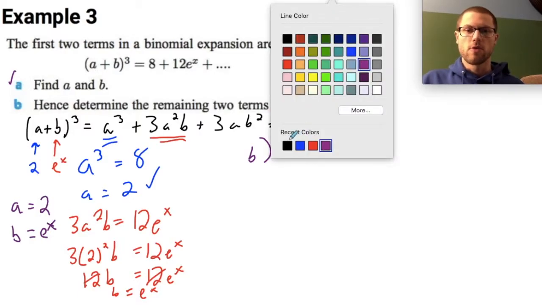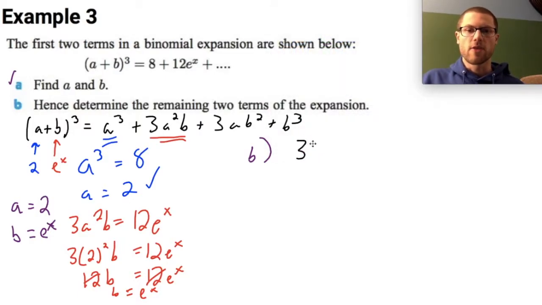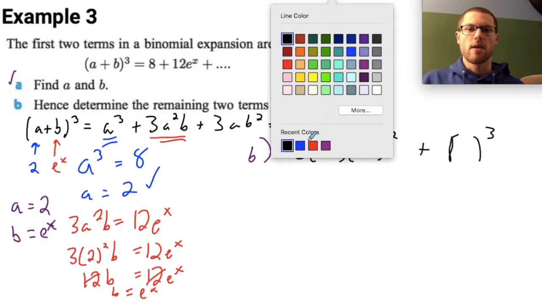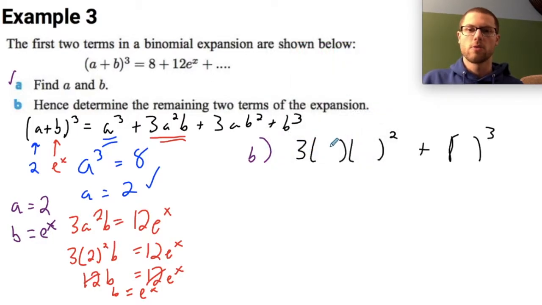So let's do that. If I take 3, and then fill in these blank parentheses, like I did in one of my previous examples, this is ab squared plus b cubed. Wherever I see an a, I'm going to put a 2, and wherever I see a b, I'm going to put e to the x.